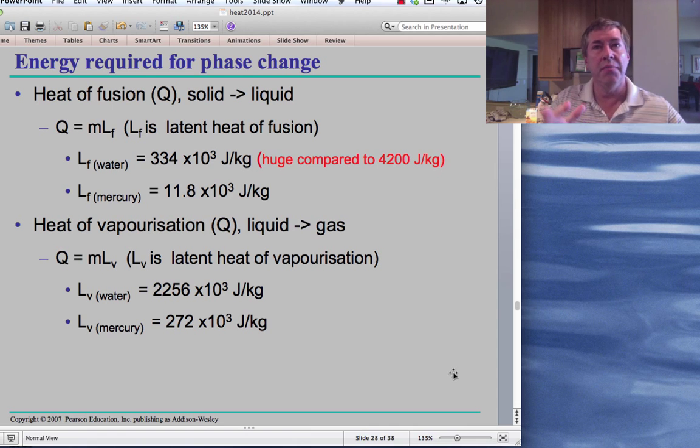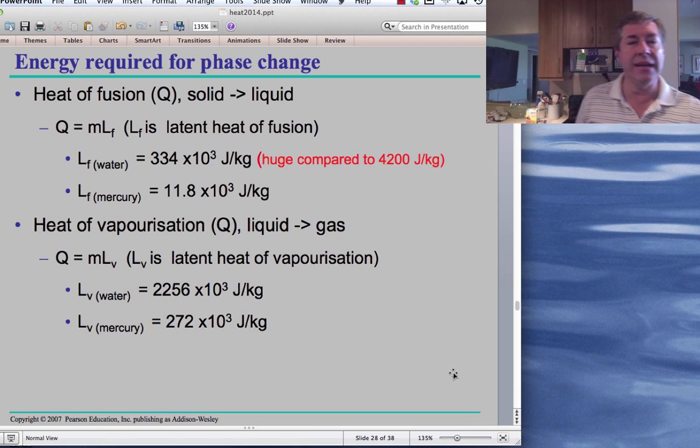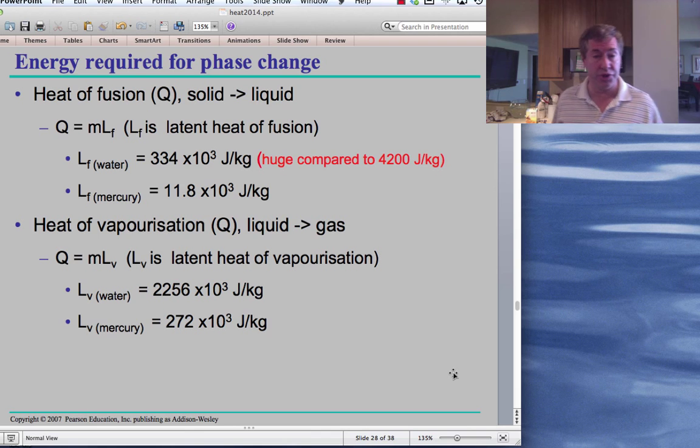Because to go to a liquid, many molecular and atomic bonds are being broken, and that takes energy even though there's no temperature change. So going from ice to a liquid is going to take a lot of energy even when the temperature doesn't change from 0, let's say you're at atmospheric pressure. How much energy are we talking about here?